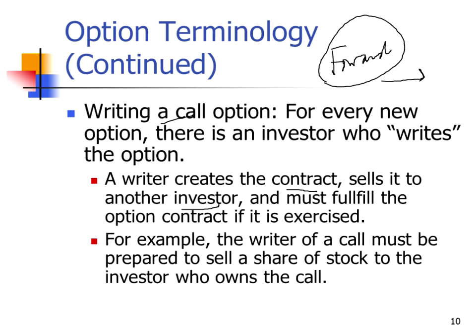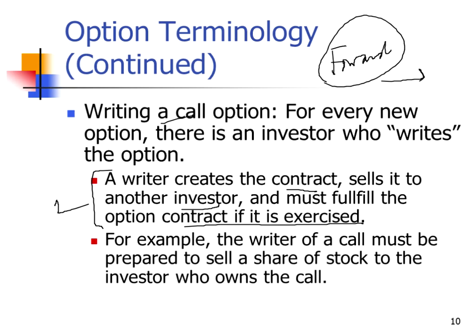So in this case, a writer creates a contract, sells it to another investor, and must fulfill the option contract if exercised. If you go through an organized exchange, or through a third party, it does help in holding the other person to abide by the contract.